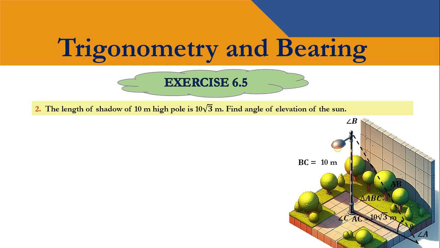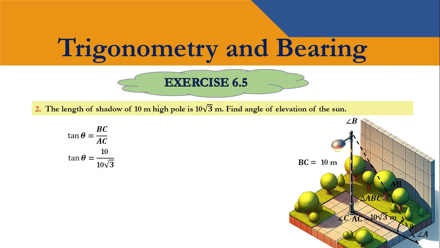Now we have the perpendicular value and we have the base value, so we can use the ratio tan of theta. By definition, tan of theta is equal to perpendicular divided by base. So tan theta is equal to BC divided by AC.